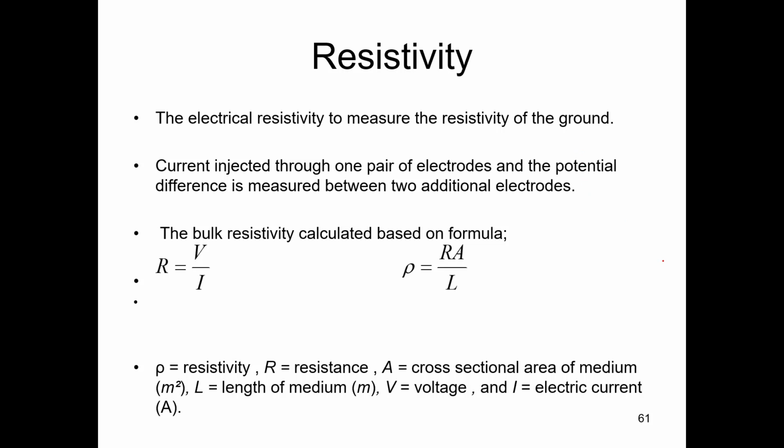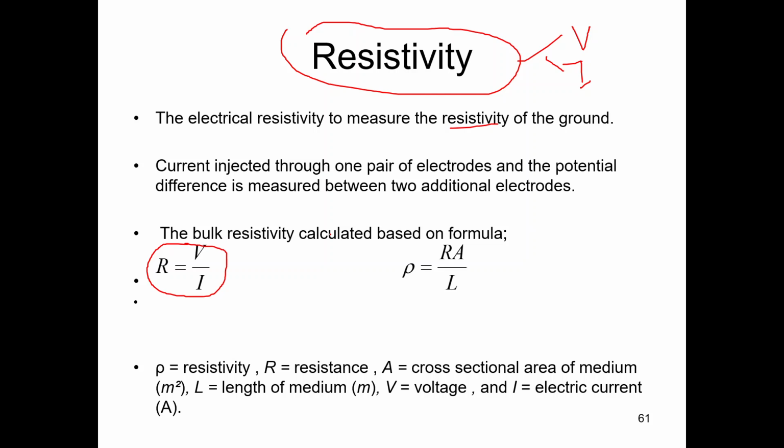The second technique, and third technique, is the electrical resistivity technique. This electrical technique measures the resistance of the ground. In electrical terms, we have voltage V, we have current I, and V over I is resistance. We know this since Form 5.